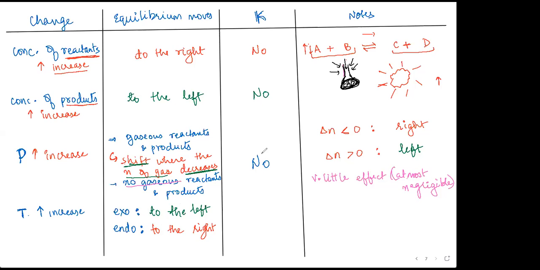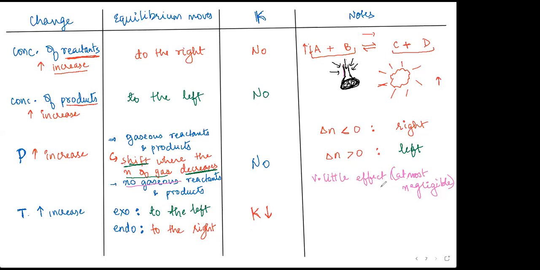What will happen to the equilibrium constant as temperature increases? It will decrease. Correct. So the value of the equilibrium constant is going to decrease.